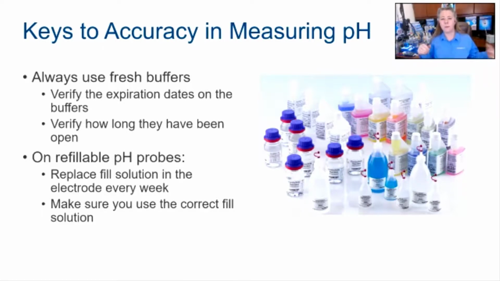But when they made their probe and designed it, they designed it to be used with a specific electrolyte, a specific type of glass, a specific type of junction, and to work together. If you put any other electrolyte in that sensor, they will no longer guarantee the performance, the accuracy, the results. But you need to make sure you use the correct electrolyte for your manufacturer for the probe.